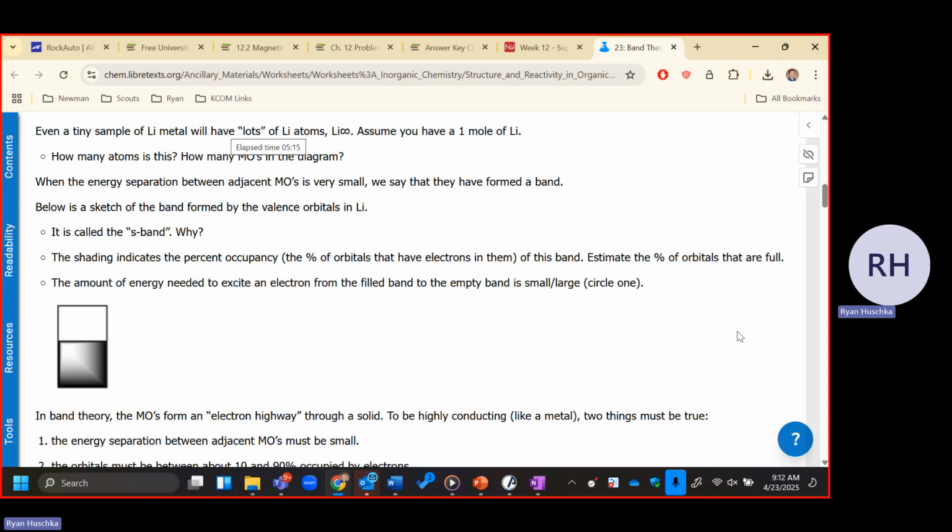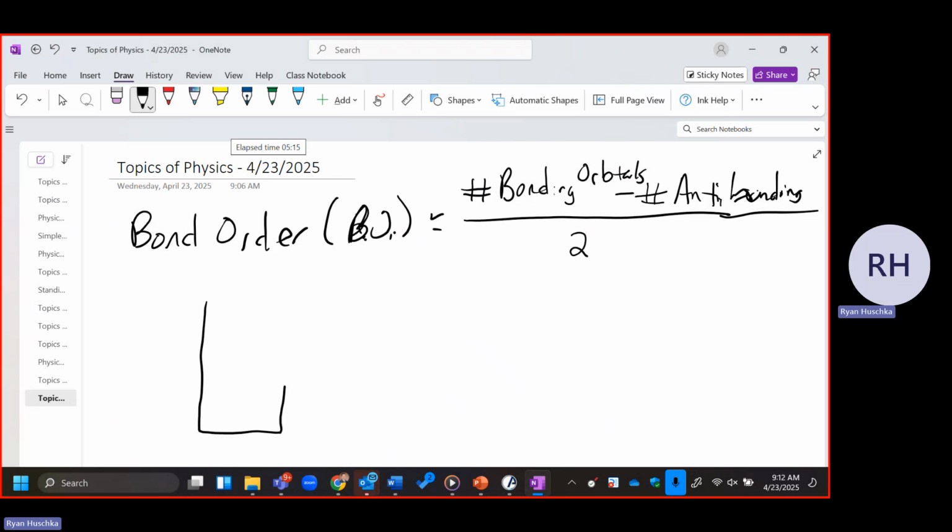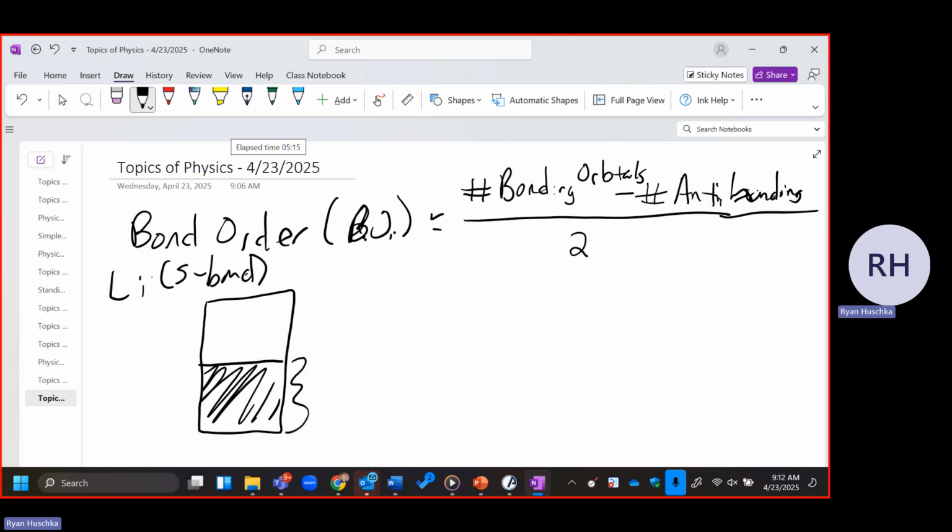So we could maybe think about this being something like, okay, so if you had an S band, this would be lithium, and you'd be looking at, say, your S band. And that would be the valence band. You're not looking at the core electrons, your first two, you're looking at the valence, right? So we'd have something like this. And this would indicate that this is more like, if you want to think about it, your bonding and anti-bonding, in a way.